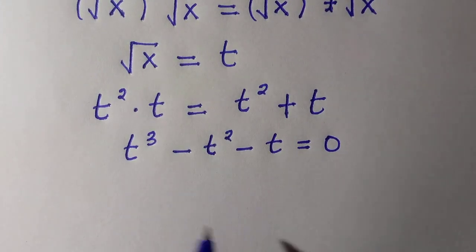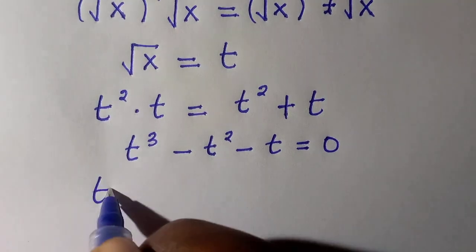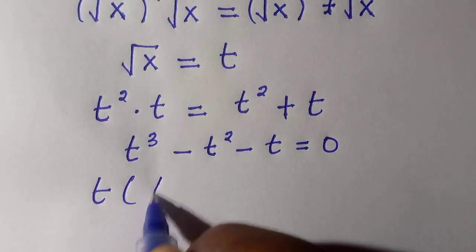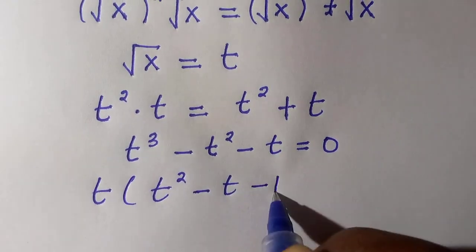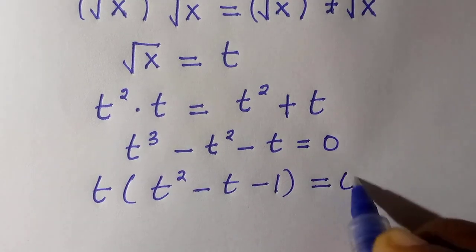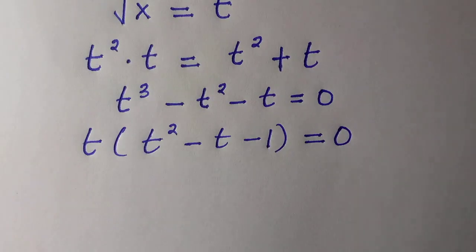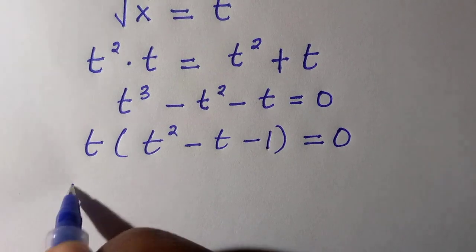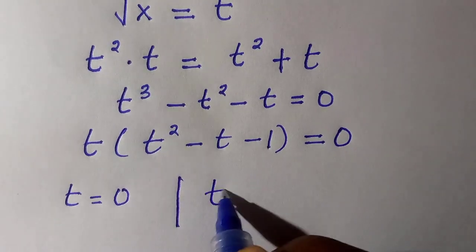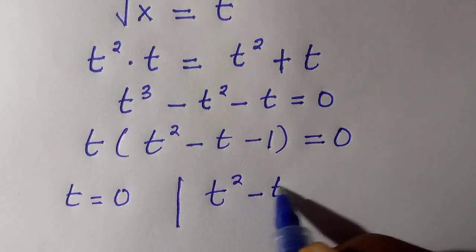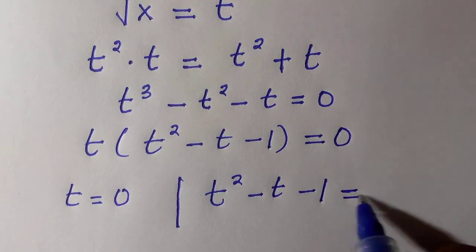So t is common, we factor it out, and in the parentheses we have t squared minus t minus 1 equals 0. So we let t equals 0, or we have t squared minus t minus 1 equals 0.